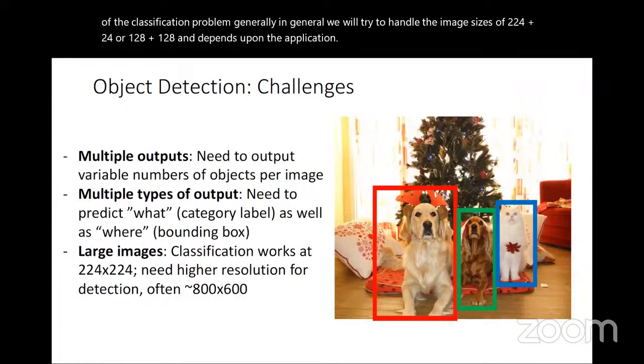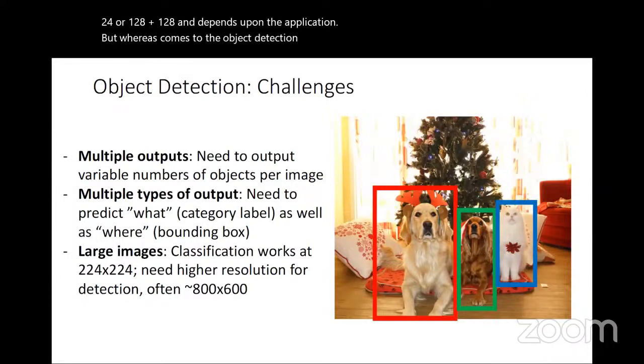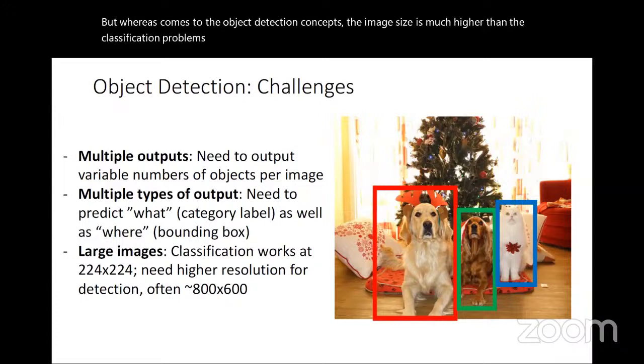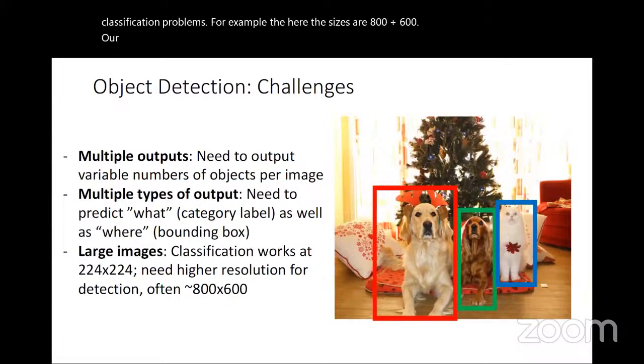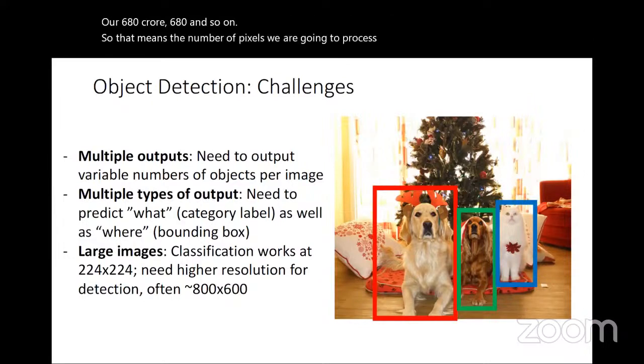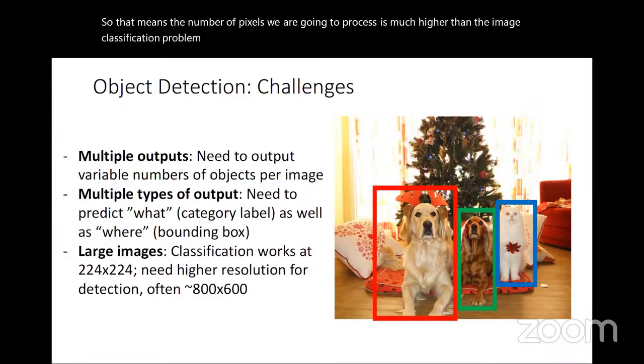But in object detection, the image size is much higher than in classification problems. For example, the sizes are 800 cross 600 or 680 cross 680 and so on. So the number of pixels we process is much higher than in image classification, other than the two challenges we addressed earlier.